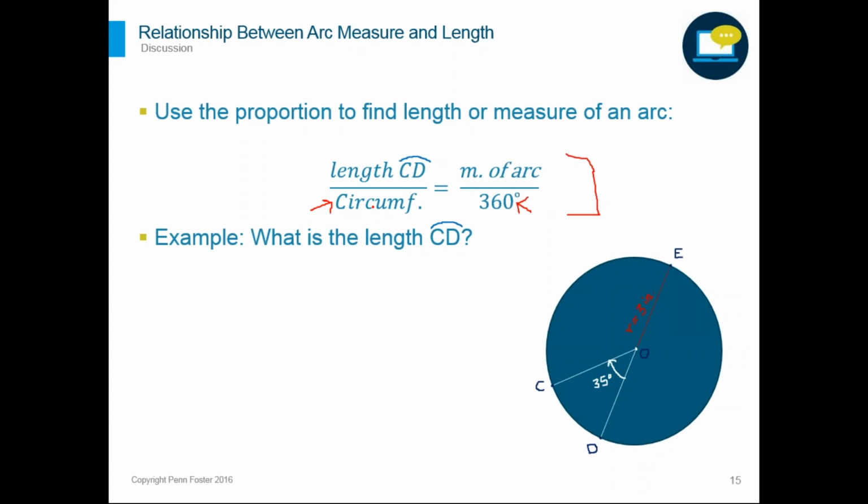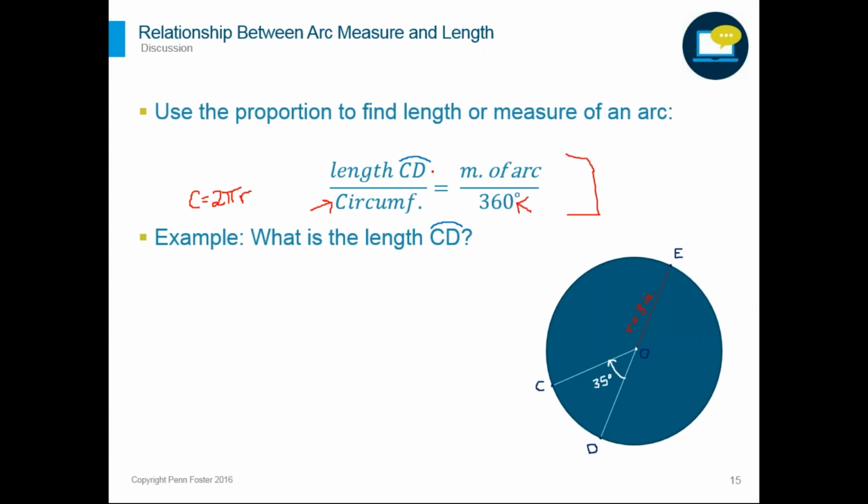And we know, I think from Unit 2, or maybe from another course in math, that the circumference of any circle equals 2 times pi times the radius of the circle. So these two values are facts about the circle.